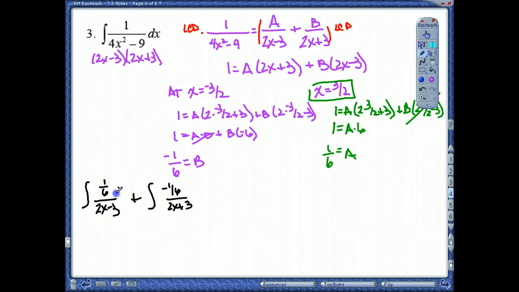Add your dx, add your dx. Now we're going to simplify this a little bit. I'm going to pull that 1/6 out in front, and then I have 1 over 2x minus 3 dx minus 1/6, 1 over 2x plus 3 dx.